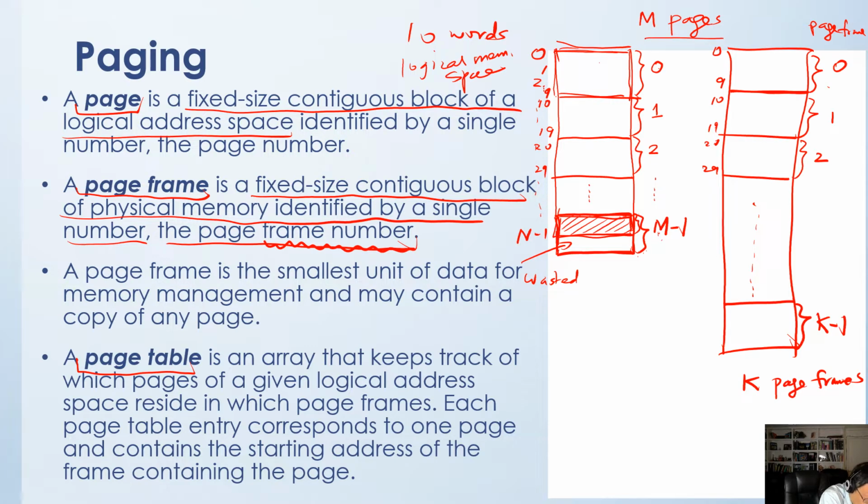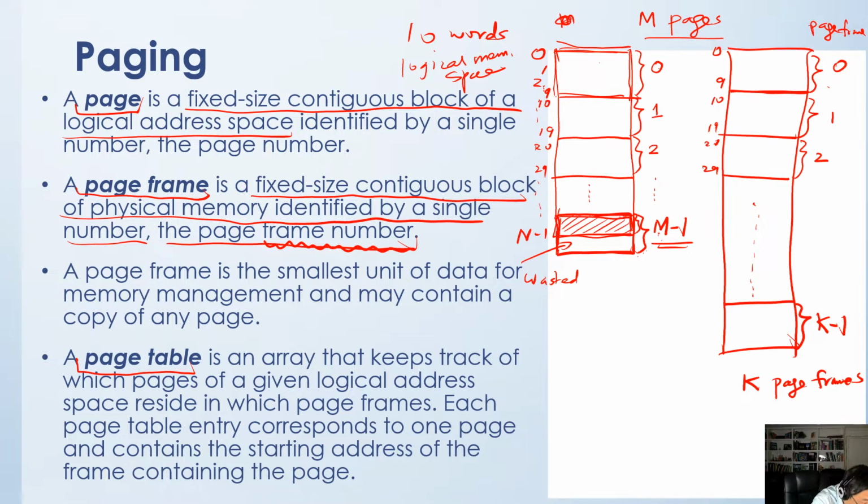For this example, the program takes m pages, right? So that's the size of the program. Now we no longer measure the program using the number of words or number of logical memory addresses, we use the number of pages.